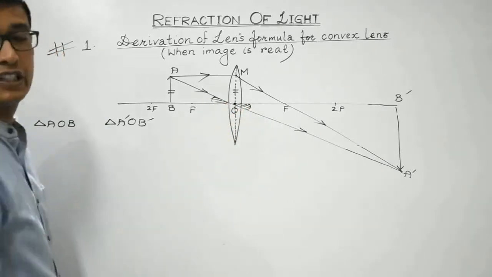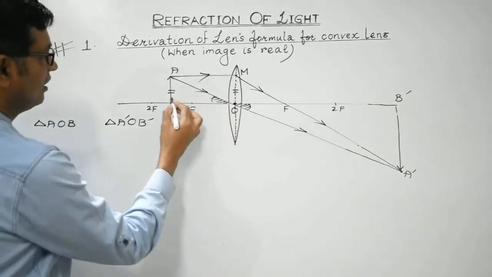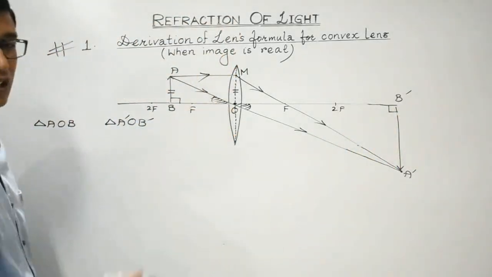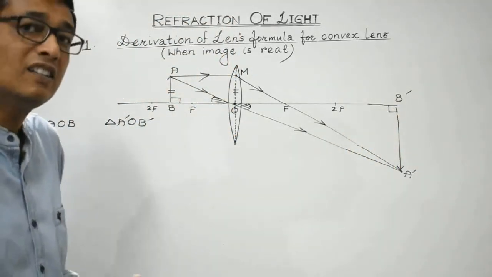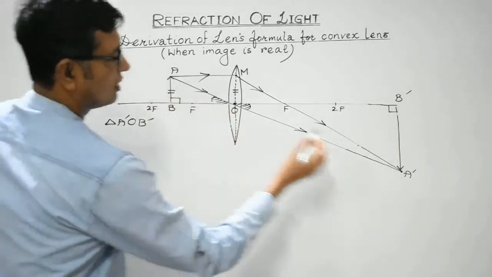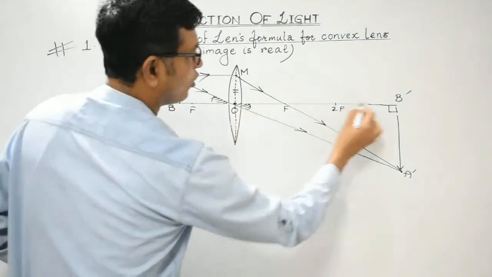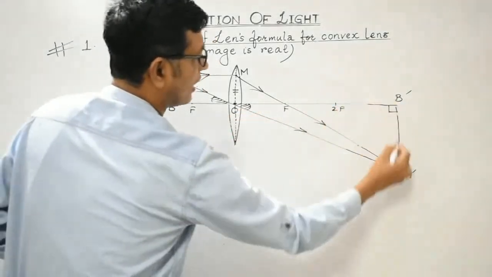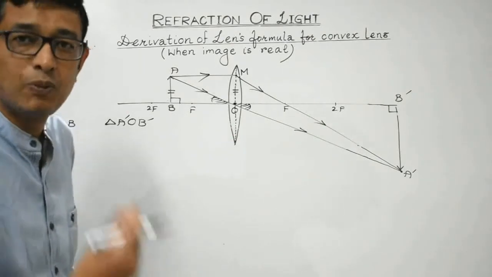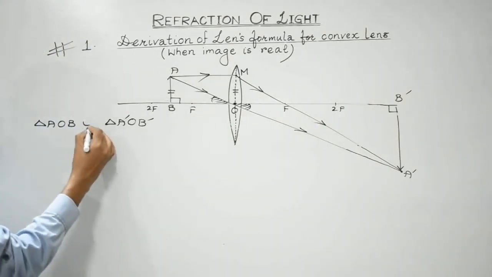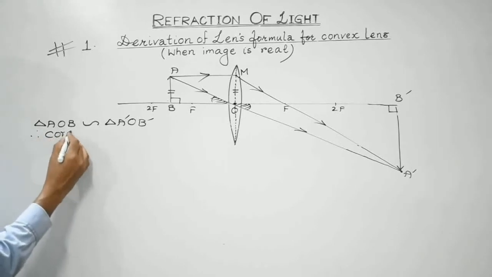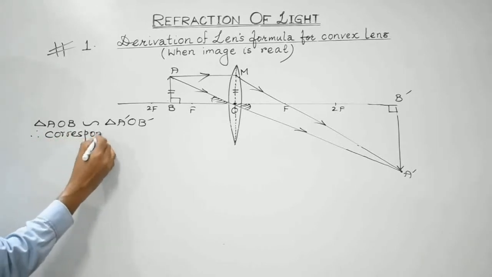These are vertically opposite angles, isn't it? This is 90 degree, this is also 90 degree. So by AA corollary, these two triangles are similar. Look, this triangle AOB is similar to this triangle A dash OB dash. So these two triangles being similar, their corresponding sides must be proportional.